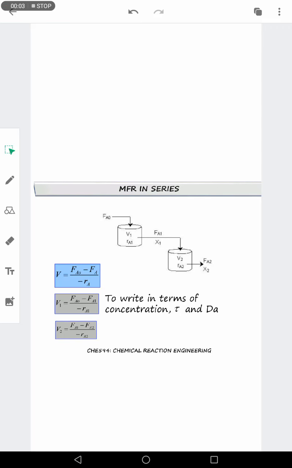Okay, we continue, still in topic 5, but we'll be looking at CSTR or MFR in series.